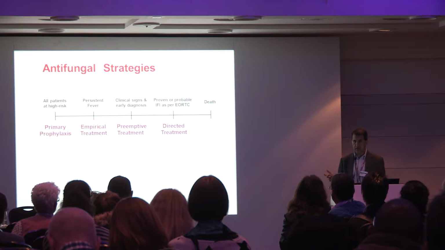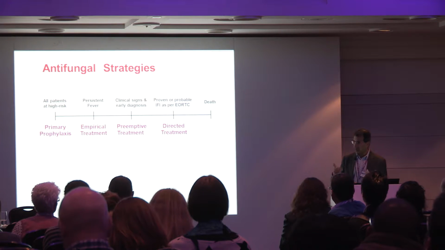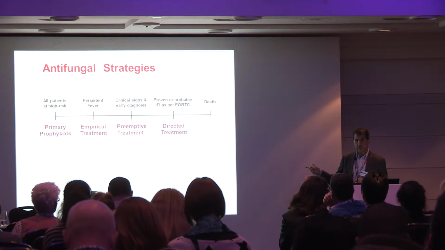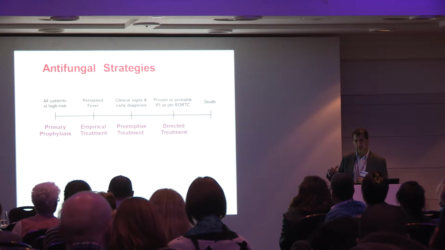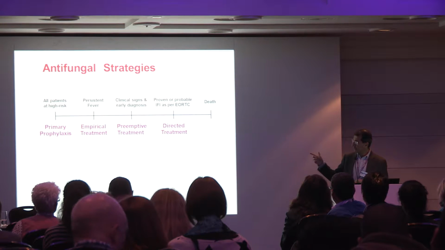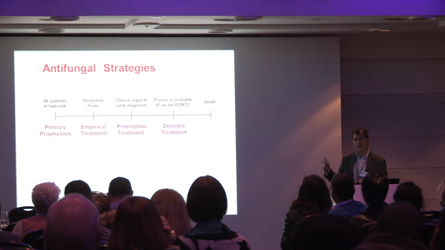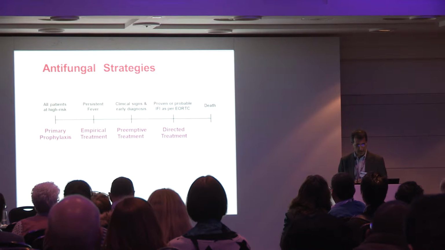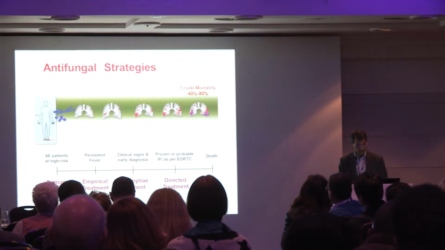It's really not easy to define, and I hope that will become clear during the talk. Empirical treatment, I will say a bit more about on the next slide. Preemptive treatment, sometimes referred to as screening, makes the assumption you have some tests that you can do to help you make a diagnosis before clinical signs and symptoms appear. Again, I'll discuss that in a bit more detail on the next slide.